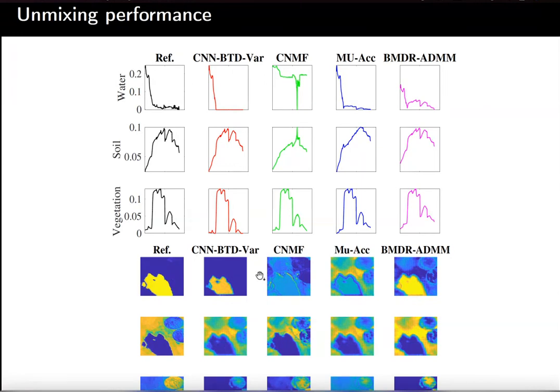This is because we enforced low-rank constraints on these matrices. However, what's interesting to note is that there is a good separability between the abundance maps without the need for additional constraints, such as a minimum volume, for example, that are enforced in BMDR ADMM.